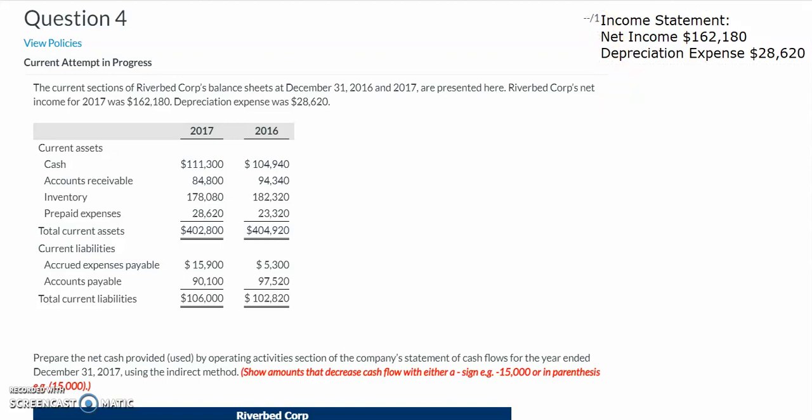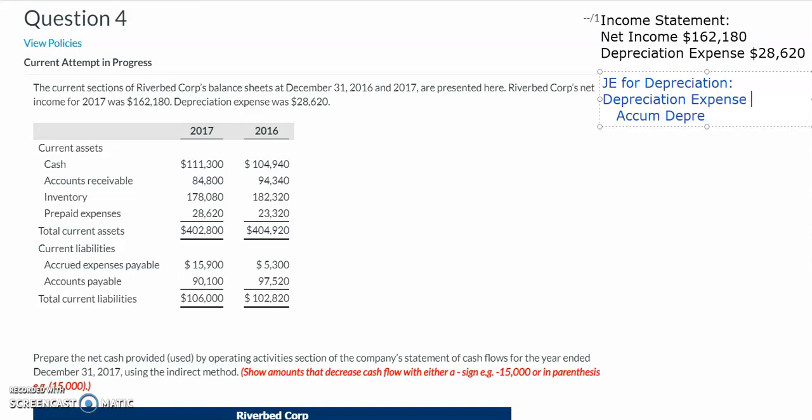So to demonstrate this, let's think back about the journal entry for depreciation expense. The journal entry for depreciation included a debit to depreciation expense and a credit to accumulated depreciation.